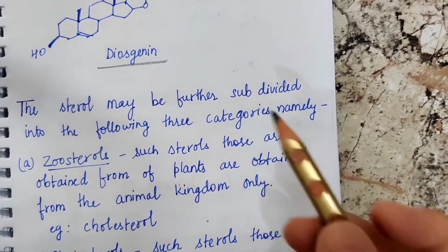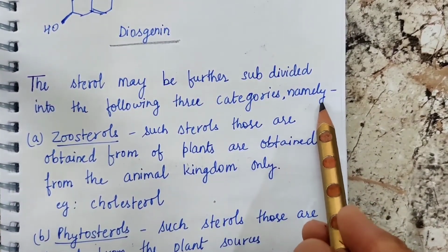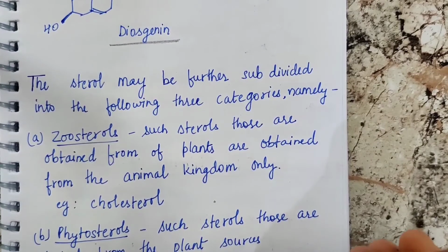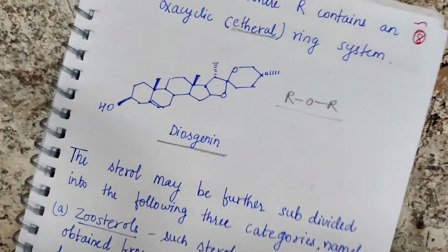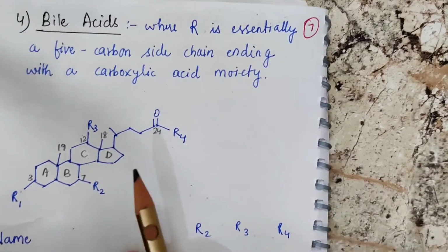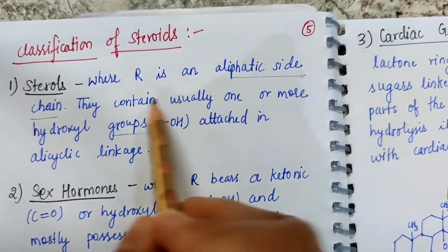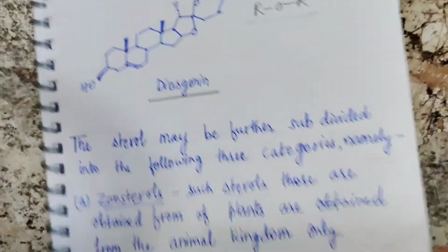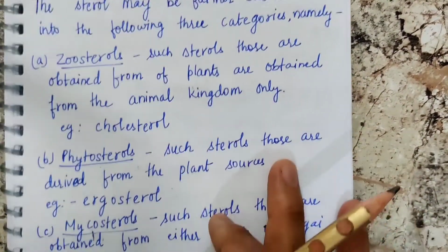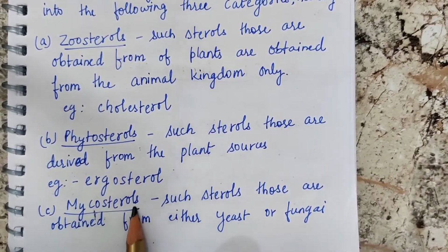These sterols can again be further subdivided into 3 categories. The first type, sterol, had an R, that means alkyl. We had an aliphatic side chain and a hydroxy group attached, one or more hydroxy. So this sterol can be further divided into 3 different categories. Those are zoosterol, phytosterol, and mycosterol.